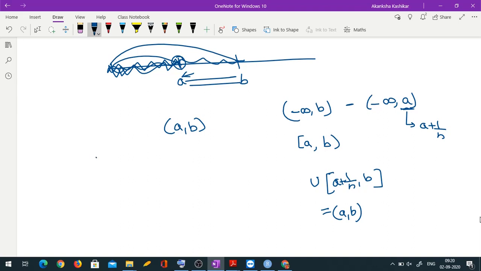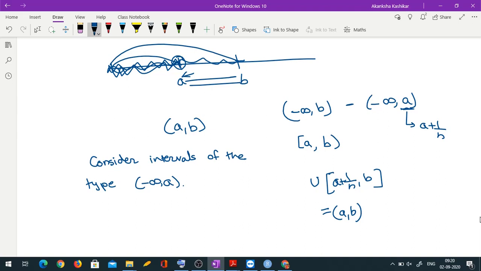So consider intervals of the type minus infinity to A. Okay, I can take their complements also because our field relationships involves complements, unions, intersections.